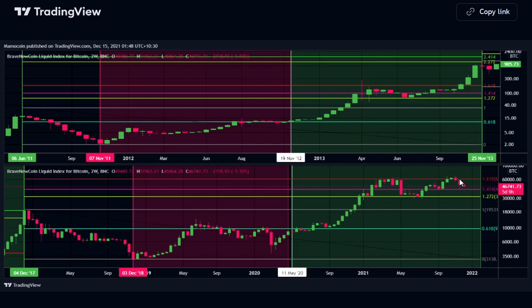It does pretty much line up at a similar time. This is the 2-week chart, and if we were to reach a peak at a similar time on this chart, that would possibly be in another 6 to 8 weeks.